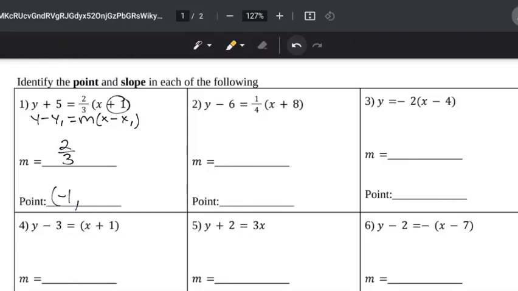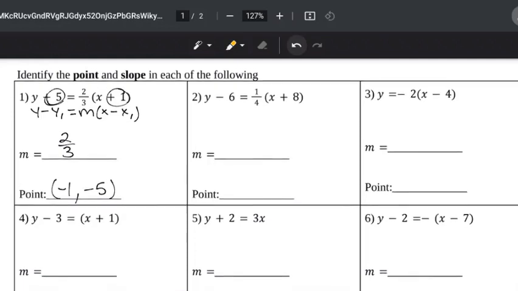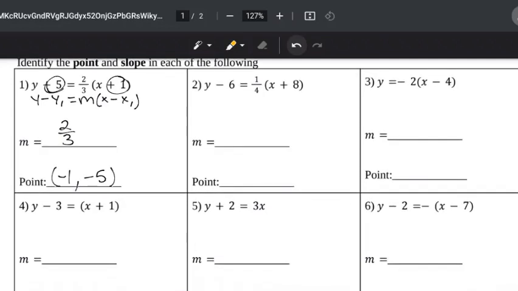And then our y1 is the opposite of this positive 5, which is negative 5. I said 1, 2, 3. I'm going to do 1, 5, and 3. So we'll go to 3 next, and then we'll jump back down to 5.